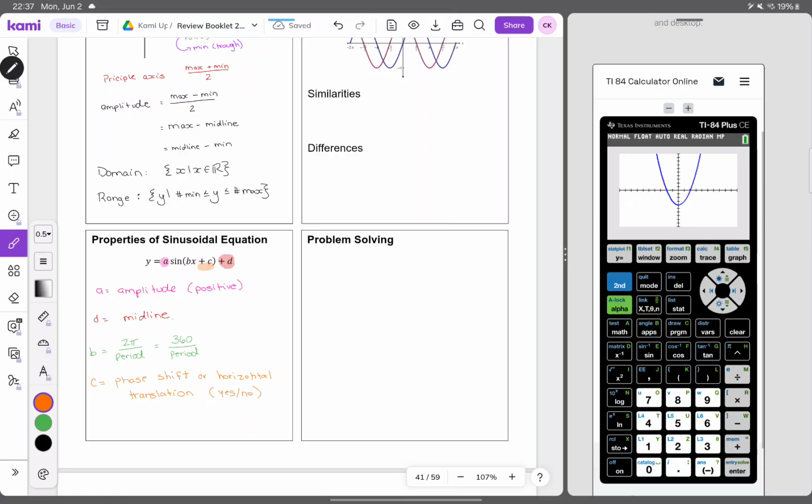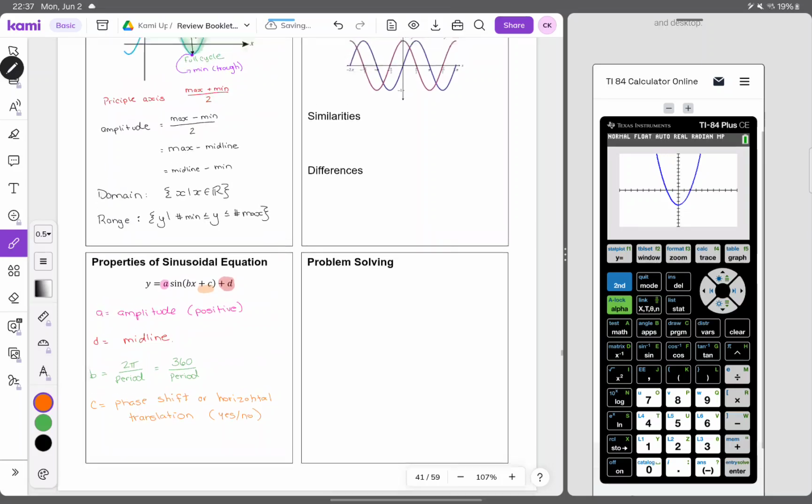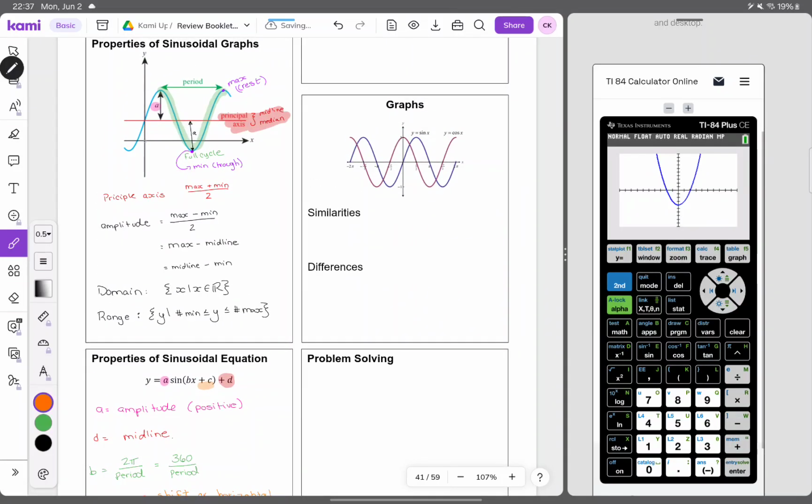So if we see a number here, we know it exists. If we're looking at our graph and our graph doesn't start from here and go up, then we know that we have a phase shift. If our graph does start from there and go up, we know that we don't have a phase shift. So if our graph looks like this, starts here, goes up, goes down, this one has no phase shift. This graph does not start here, so we know it does have a phase shift.